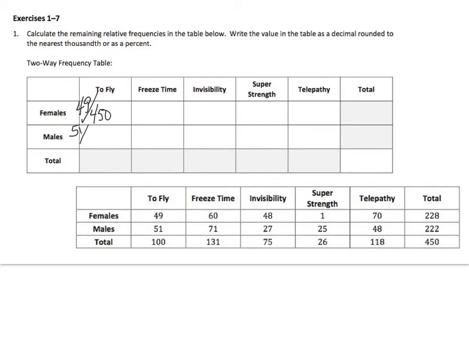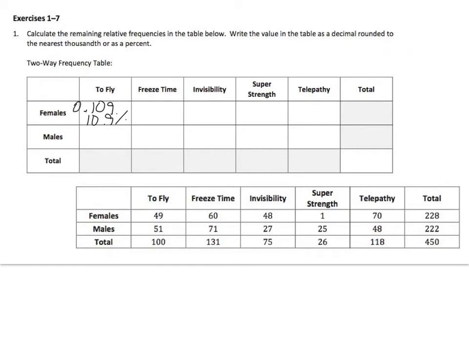So 51 over 450, or 100 over 450. Now I don't have space to do each one of these, so you're going to have to listen up and fill in. So females flying is 49 divided by 450, which is 0.109, or 10.9%.